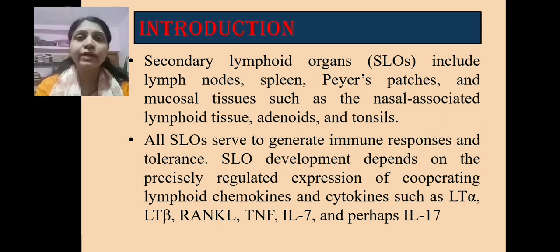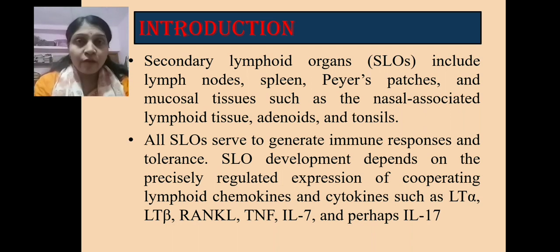These include lymphotoxin alpha, lymphotoxin beta, tumor necrosis factor, interleukin 7, interleukin 17, and their different activator proteins. These participate in the regulation of all of these activities for developing the immune responses for the removal of foreign particles which have entered our body.